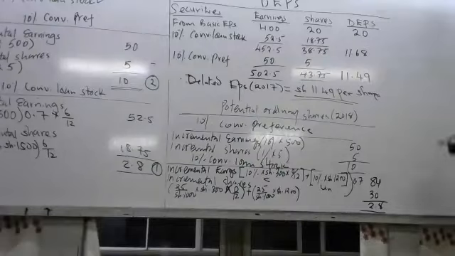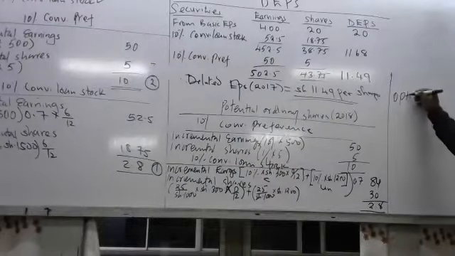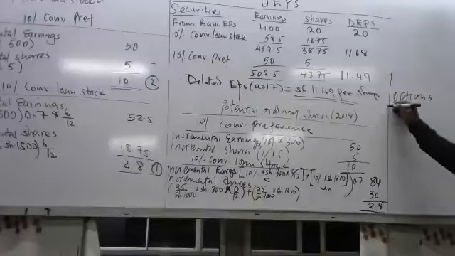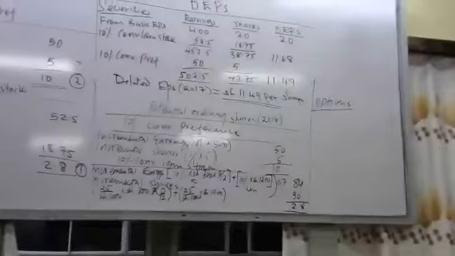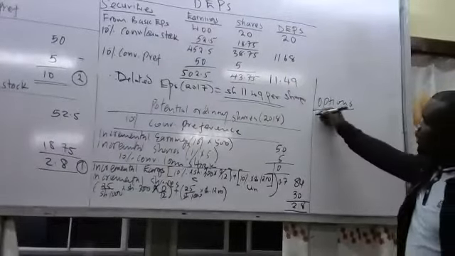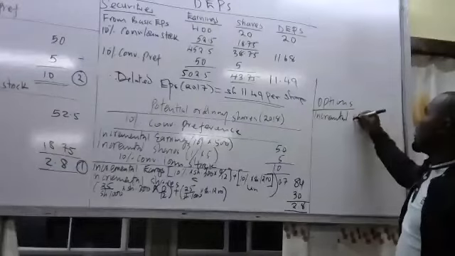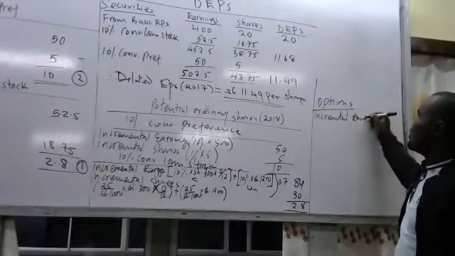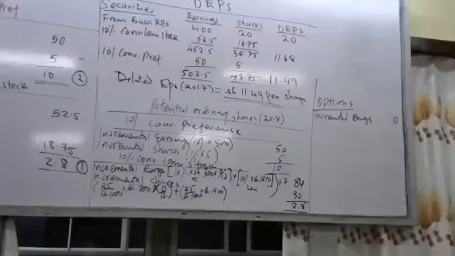Then we want to bring options into the picture. Options are there. Incremental earnings for options is always 0.